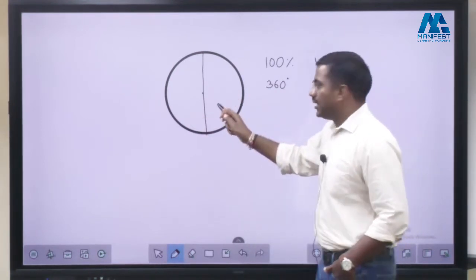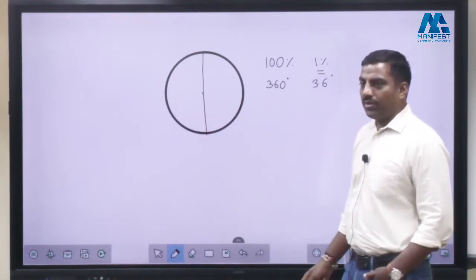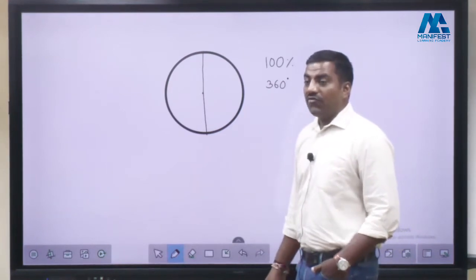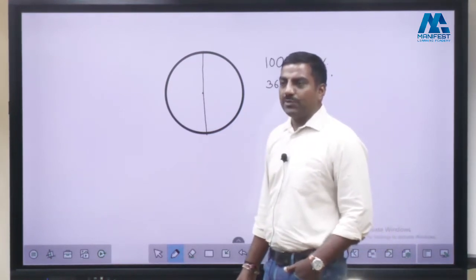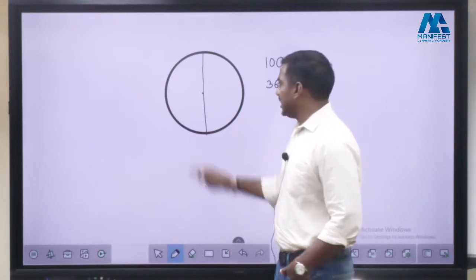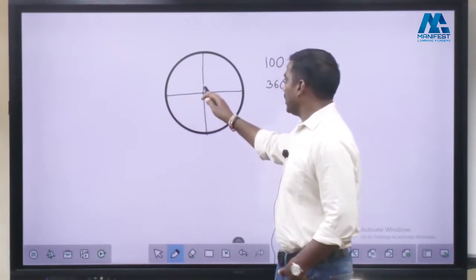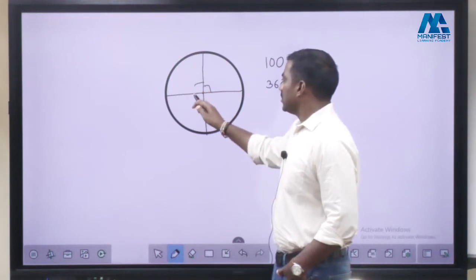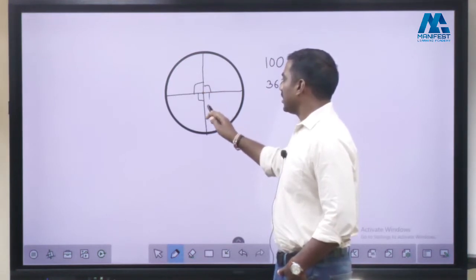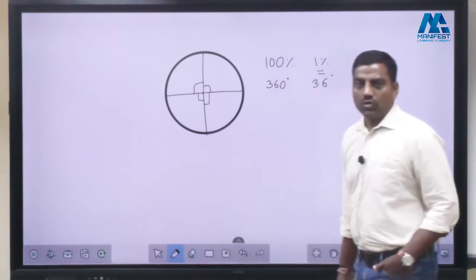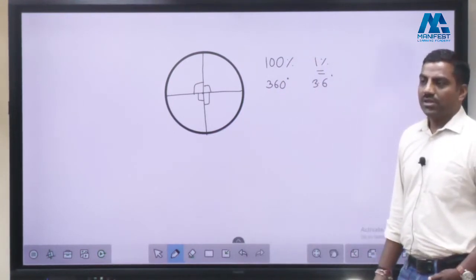Because 50% into 3.6 is equal to 180 degrees. If you want to make 25% pieces or quarter pieces, then what will you do? You will cut the circle by 90 degrees.